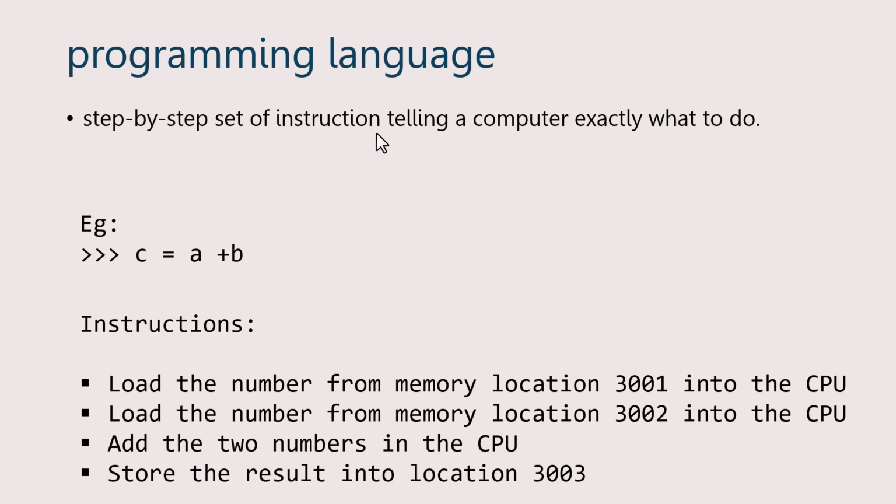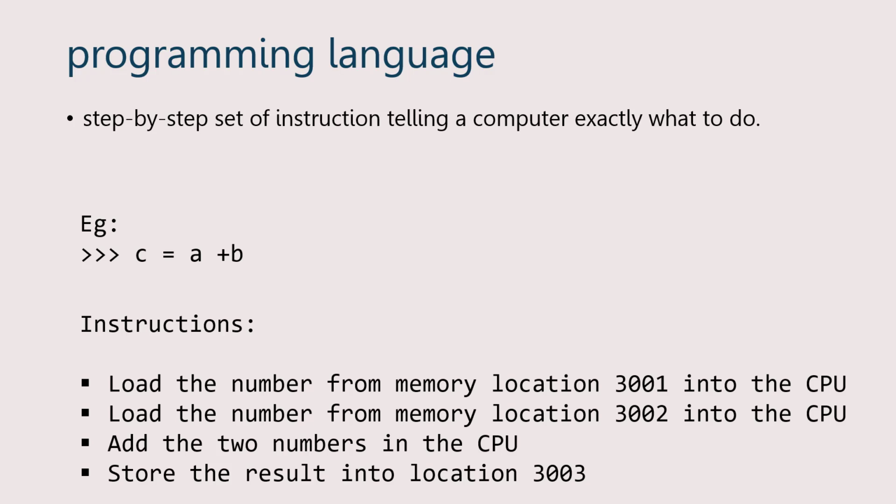For example, here below I have one simple program which is addition of two numbers, where c is equal to a plus b, and which is very simple, and we can write this very simple program in Python something like this. However, in the backend, it is not that straightforward. What we see naturally as c is equal to a plus b is, instead, a larger number of instructions.